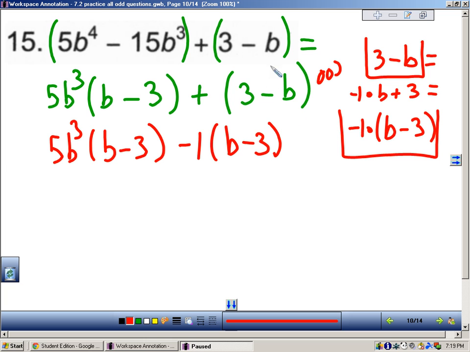Replace this expression with this. Could I squeeze in the plus sign plus negative 1? Yeah, you could. But remember, we said that when you are adding a negative, it's equivalent to subtracting. Factor the b minus 3. So here's our answer.